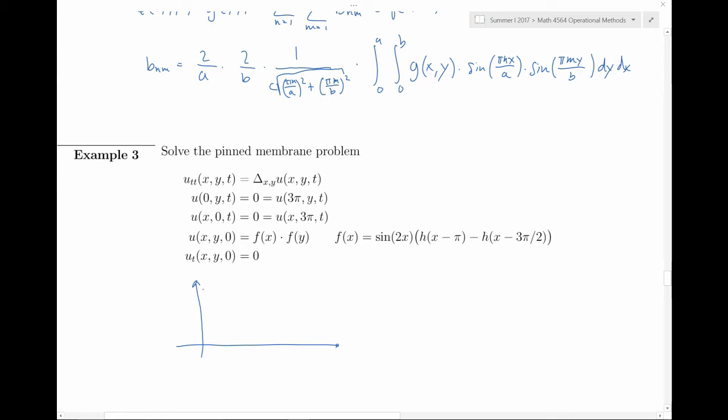So here I have x and y both going on the interval from 0 to 3 pi, and the sine of 2x only applies when x is going from pi to 3 pi over 2. It starts at 0. Then as x rises from pi to 3 pi over 2, the sine 2x will go from 2 pi to 3 pi.